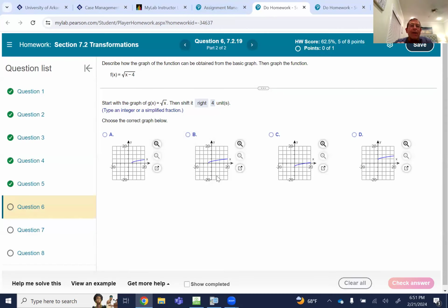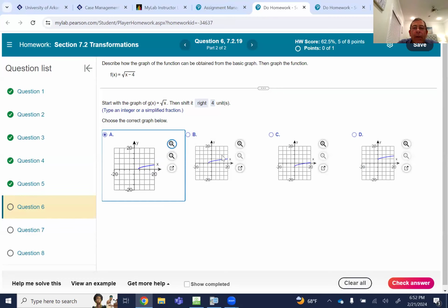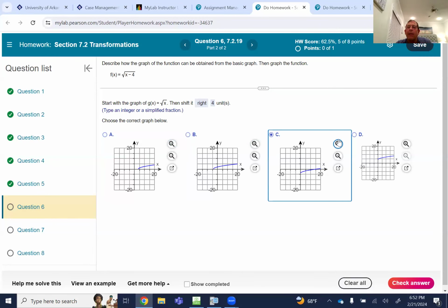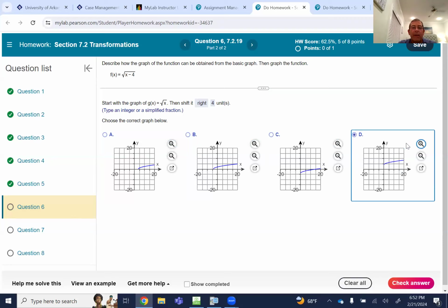All righty. So now, remember the x squared graph sort of started and went uphill to the right. But which one of these graphs went right 4 units? I'm going to make these bigger. A, B, C, or D. Now remember, the original graph starts in the center of it, in the origin.